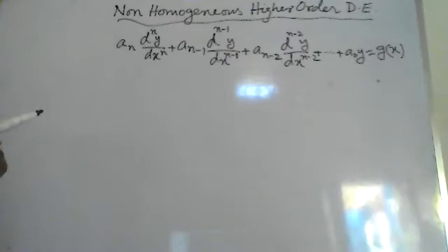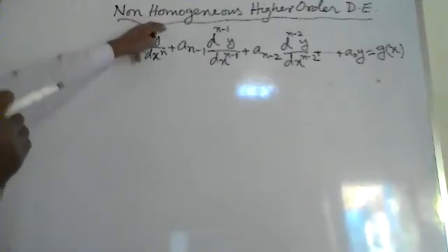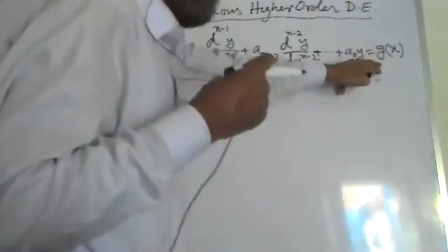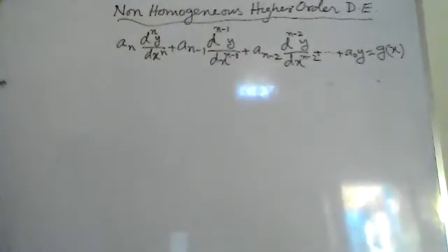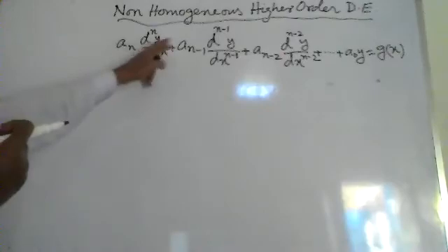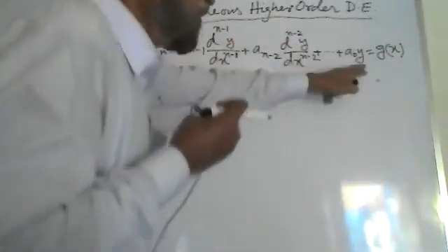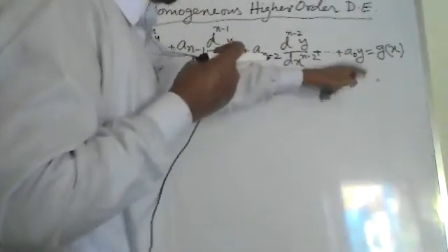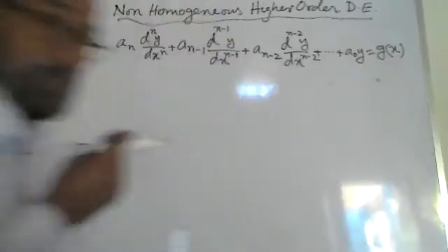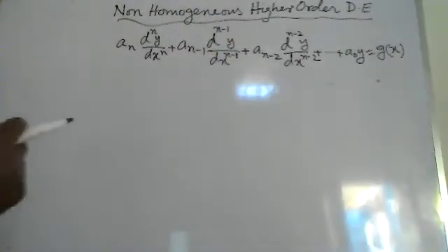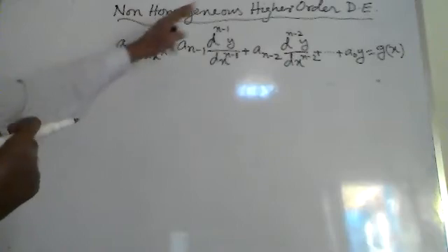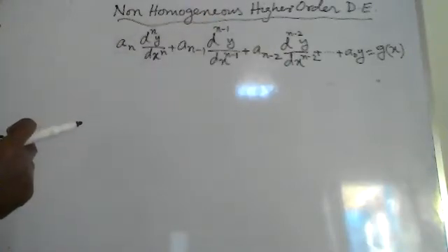The difference between the non-homogeneous and homogeneous is only that on the right side there is g of x, and in the homogeneous there is 0. In the homogeneous, all the terms involving y must be on the left side and the right side should be equal to 0. Those are called homogeneous higher order differential equations.